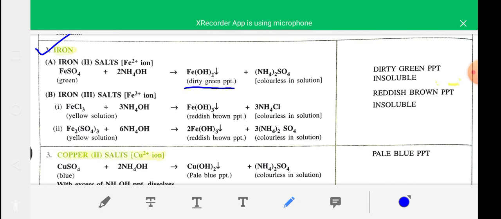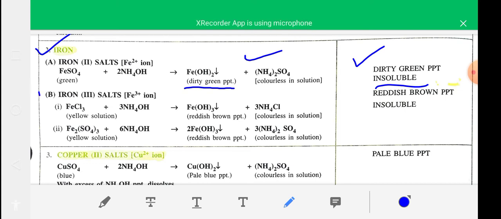So when iron 2 sulfate is treated with NH4OH, you will get a dirty green precipitate of iron 2 hydroxide or ferrous hydroxide and a colorless salt, ammonium sulfate. And the dirty green precipitate is insoluble in excess ammonium hydroxide.